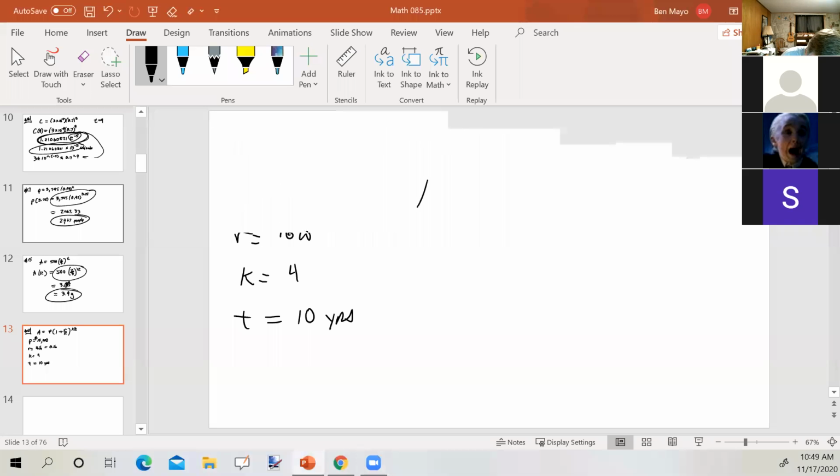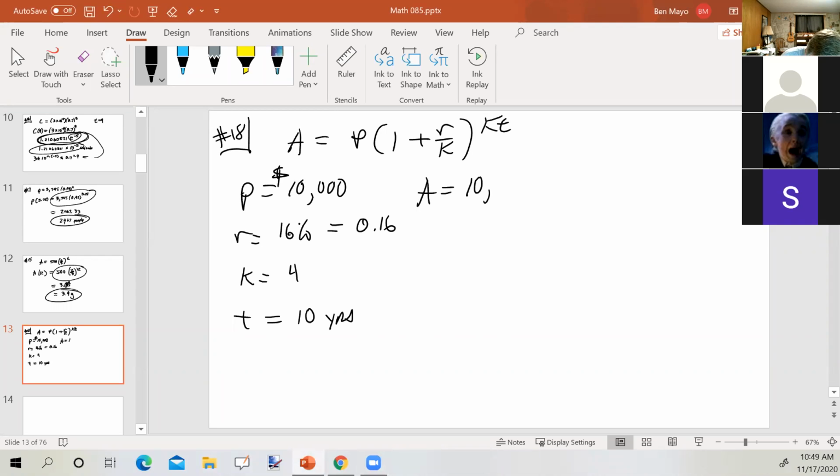So A equals $10,000 times 1 plus 0.16 over 4 to the 4 times 10 power. Now, in this case, things simplify nicely. So you could just put it in as it is, or you could simplify it. You know what? I'm going to just put it in as it is.